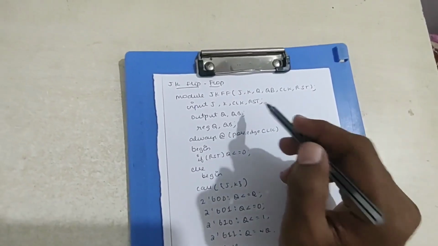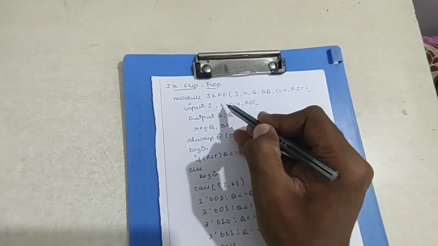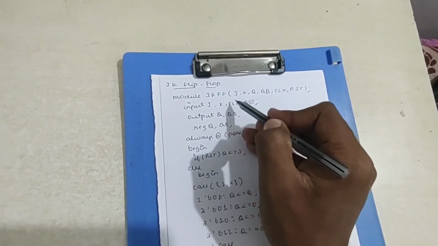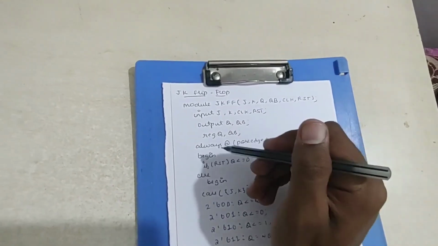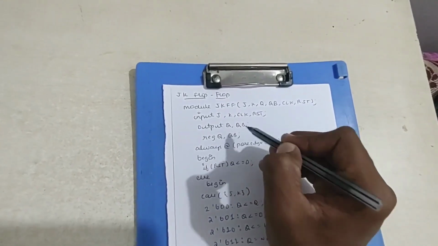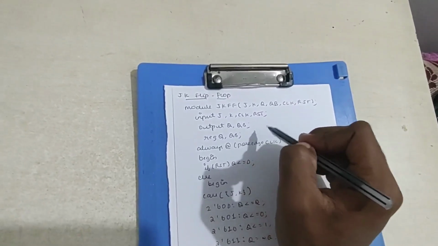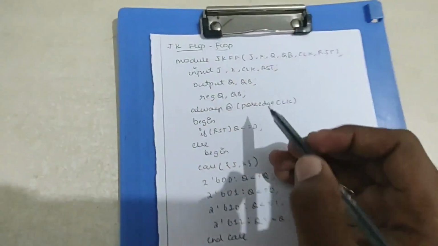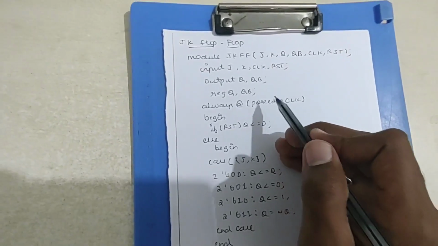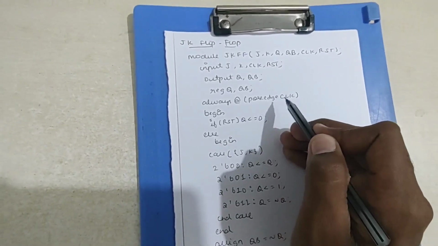J is the input for the set operation, K is the input for the reset operation, CLK is the clock input and RST is the reset input, where Q is the output representing the state of the flip-flop and QB is the complemented output. Here reg Q, QB: these are the registers that store the current state of the flip-flop and its complement.